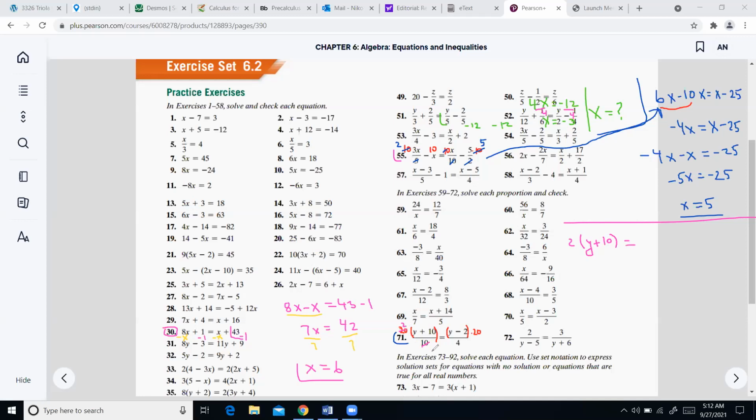Again, 20 divided by 10 gives me 2. And analogously, on the other side of the equation, I cancel my denominator 4 and have parentheses with y minus 2, which is also multiplied by the number 5. So we get rid of denominators, and now we can proceed finding our unknown letter y.